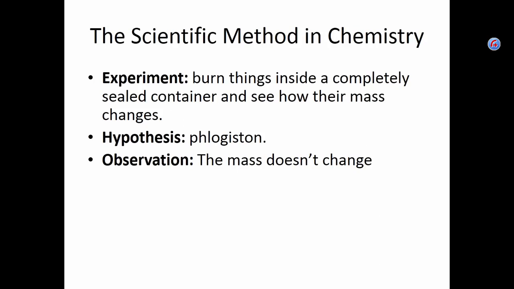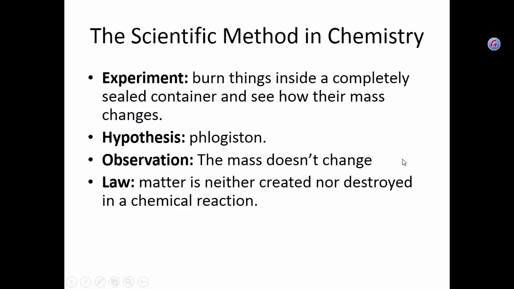And when you look at that result, and sometimes if you have a metal, it gains mass, it just doesn't actually work as a good theory. So phlogiston was eventually discarded as an explanation for what goes on.